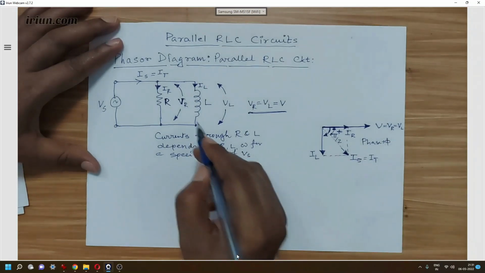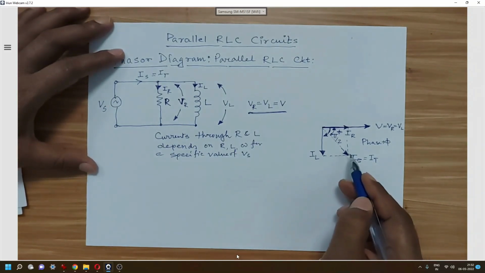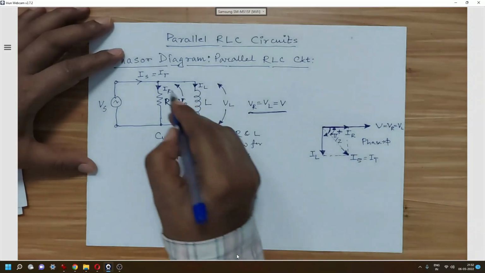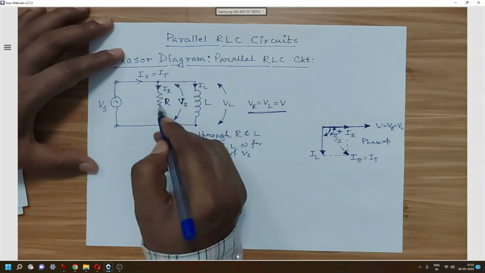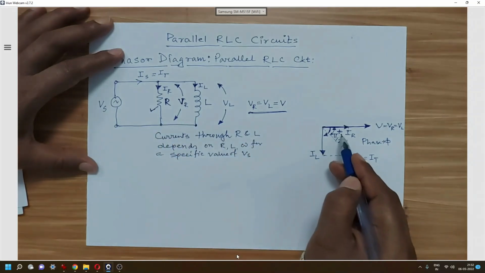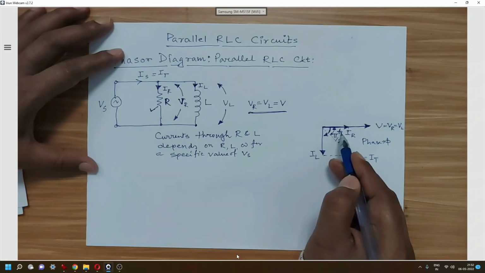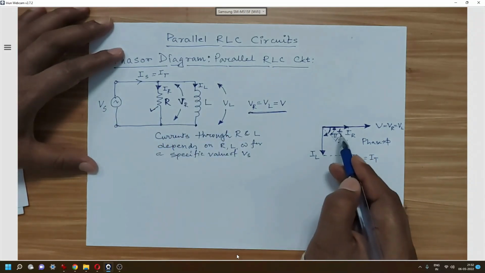So this circuit is an inductive circuit, and its behavior will be like an inductive circuit. But this inductive circuit is definitely not a pure inductive circuit, because one R is there, so this angle phi will not be 90 degrees. As soon as the circuit becomes purely inductive, this phi will become 90 degrees.